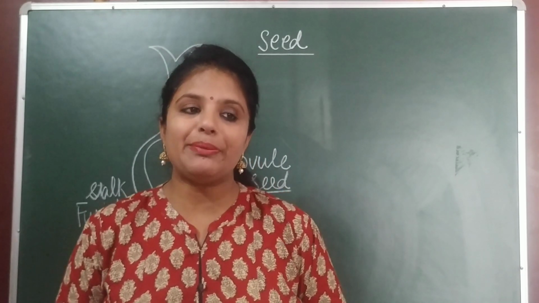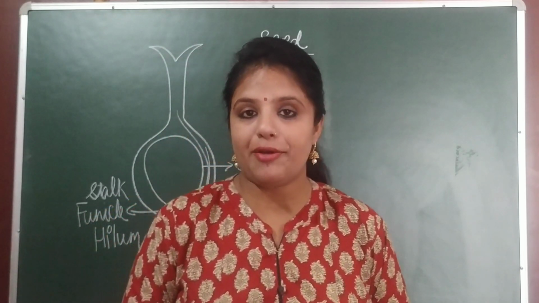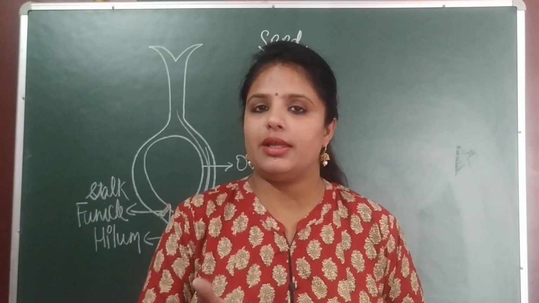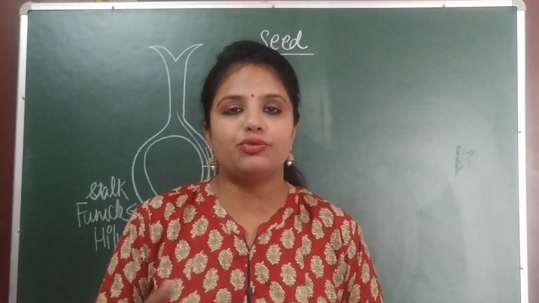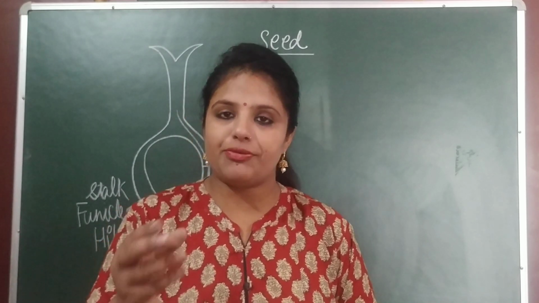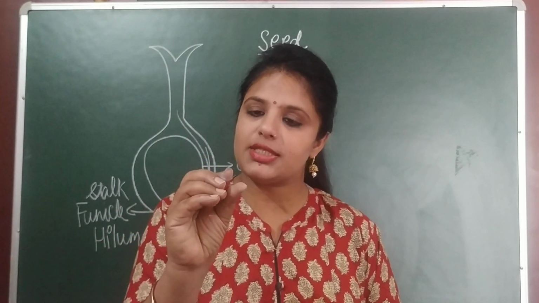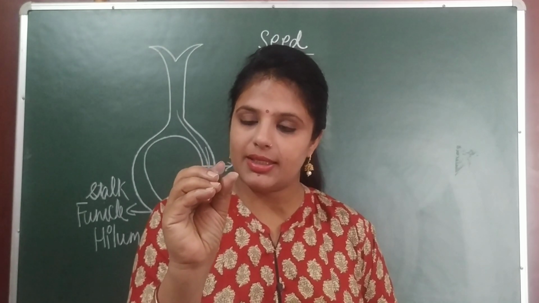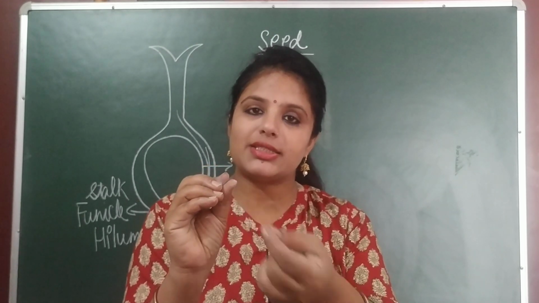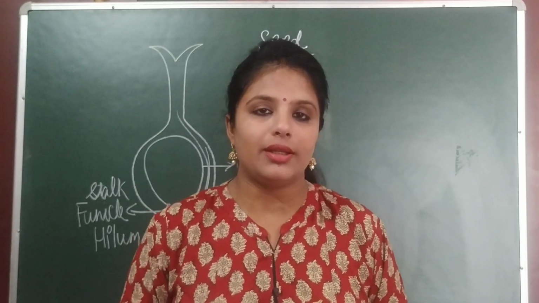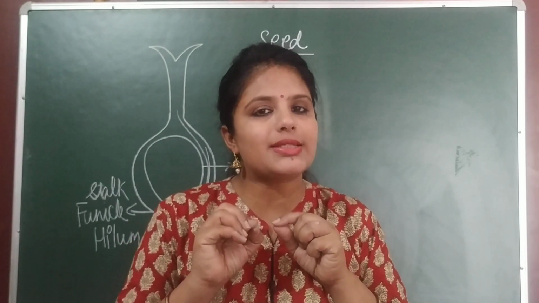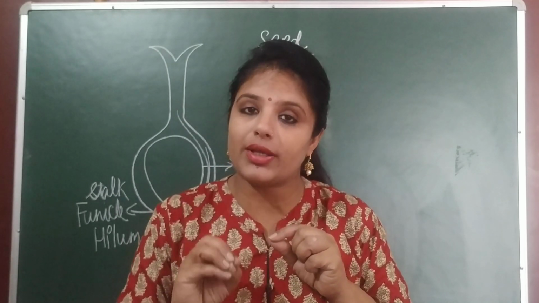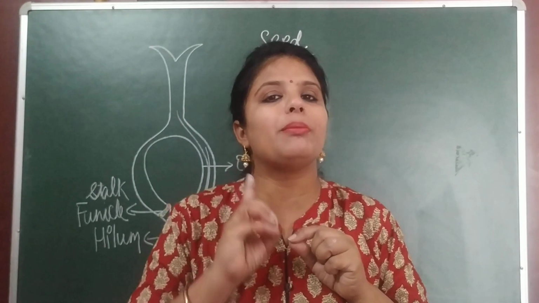If you want to see the micropyle in a seed, just soak some seeds in water, say rajma, for 3 to 4 hours. After 4 or 5 hours, take one rajma and press it. If you look carefully, there will be a tiny pore from which a little of the soaked water comes out. That pore is called micropyle.